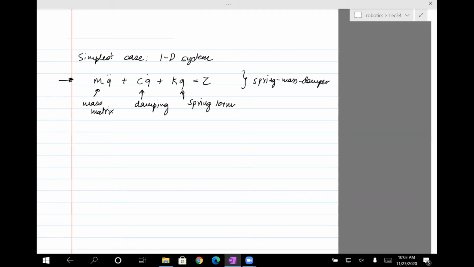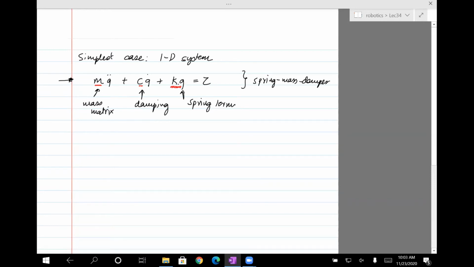To motivate this, I'm going to start off with the simplest example of a manipulator-like system, where I'll replace the mass matrix with a constant term m, the damping with a constant damping term c, and the gravitational torque, which is a function of q, as simply k times q. So think of it like a spring term, right?